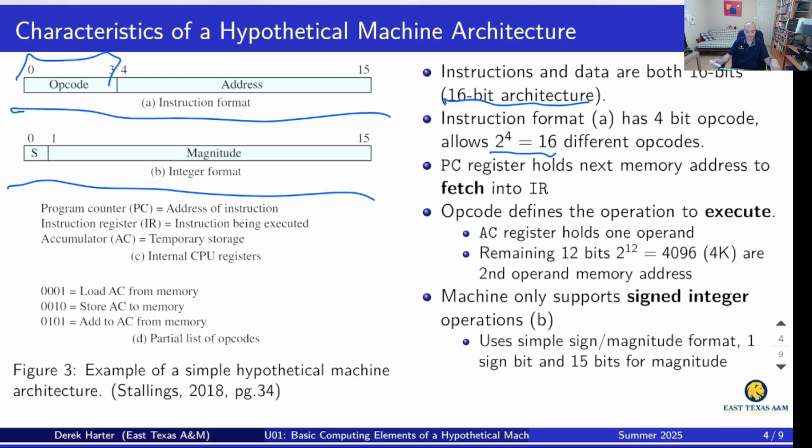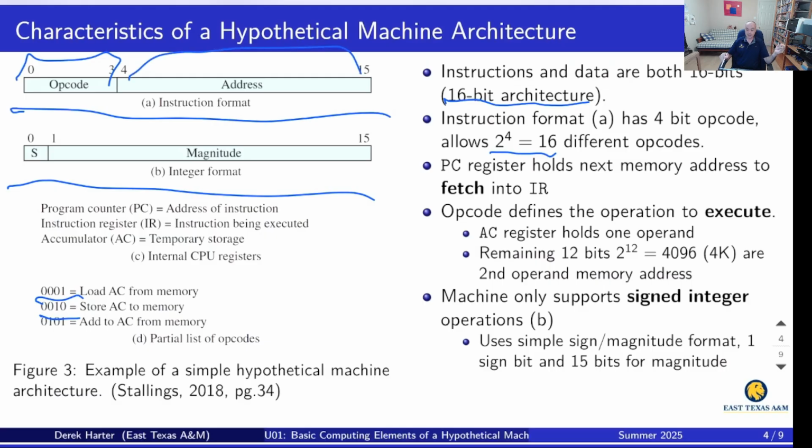Here are some examples. We might use the 4-bit 0001 to be a load instruction, or we might use 0010, which is a hexadecimal 2, to be a store instruction, and so on. And then the remaining bits for an instruction hold an operand.